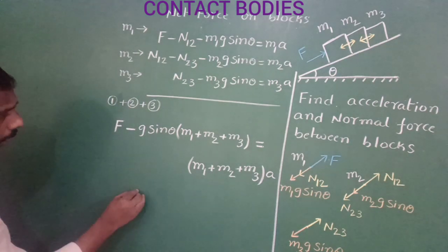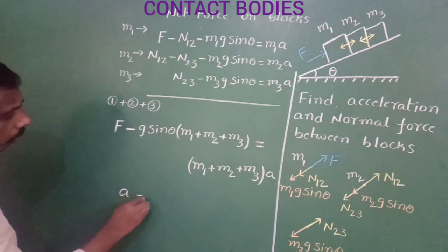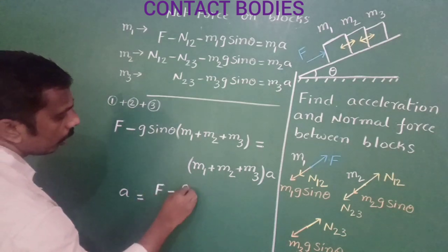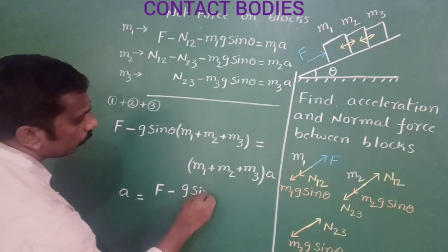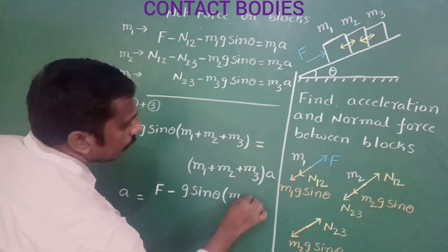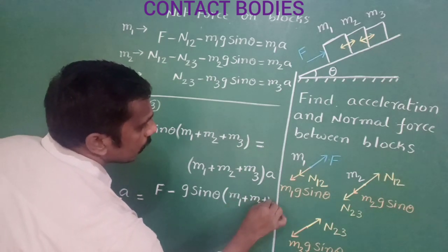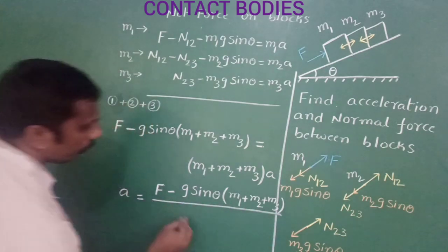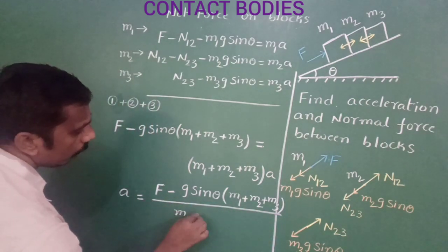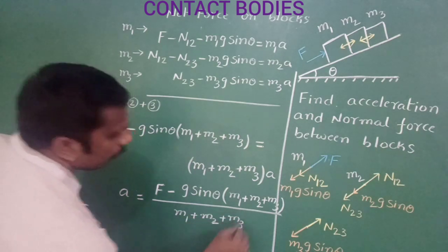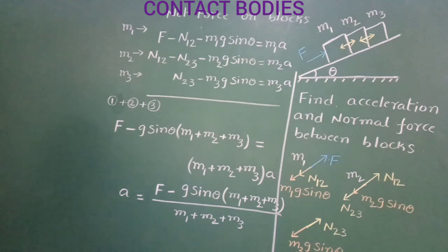Finally we can write acceleration a is equal to F minus g sin theta into m1 plus m2 plus m3, whole divided by m1 plus m2 plus m3. This is the acceleration of the three blocks.